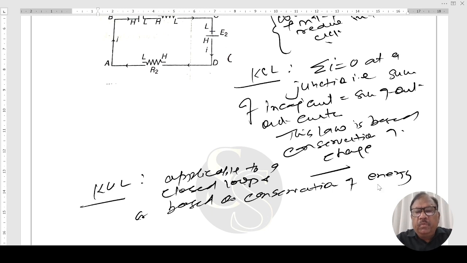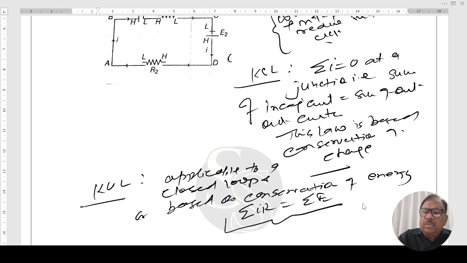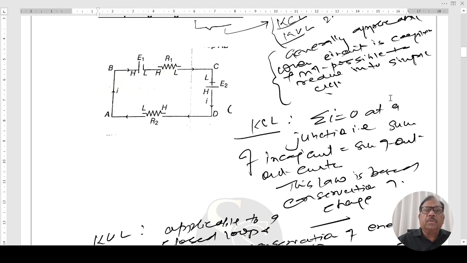Based on conservation of energy, summation IR equal to summation E. We will discuss sign convention also through this step.